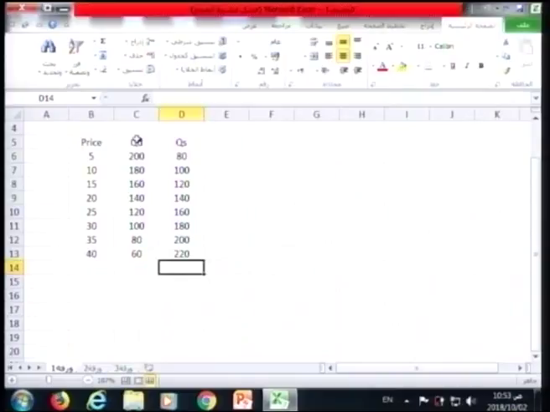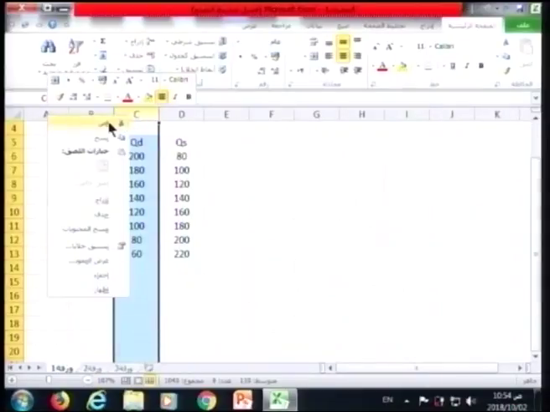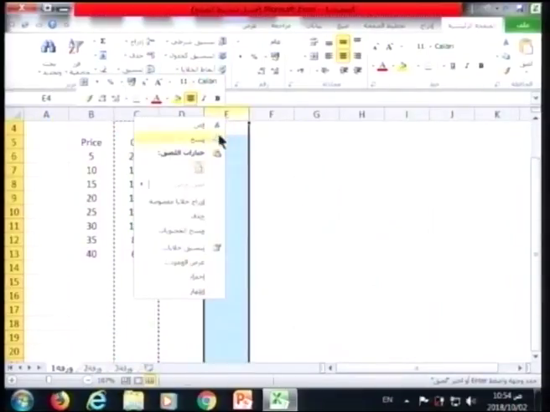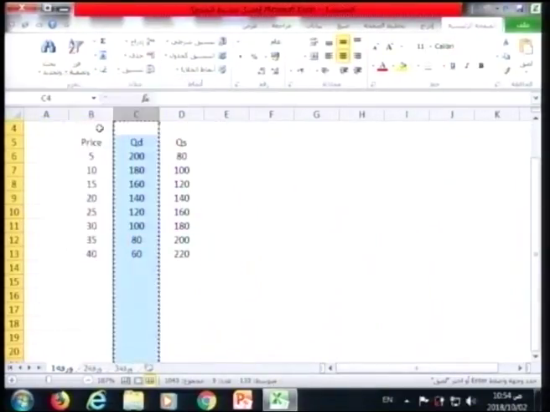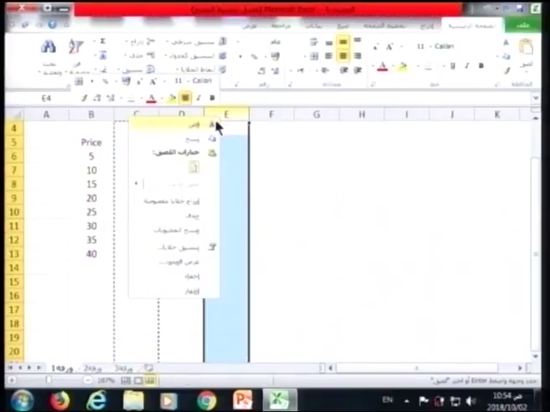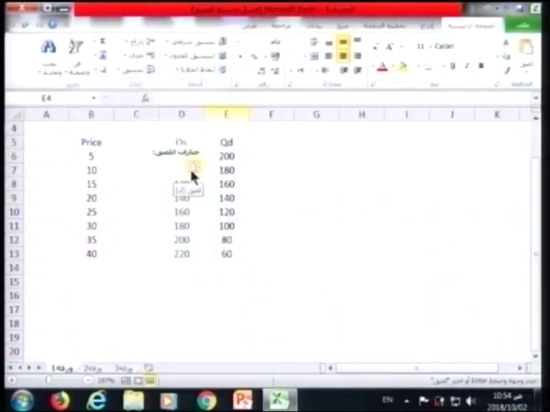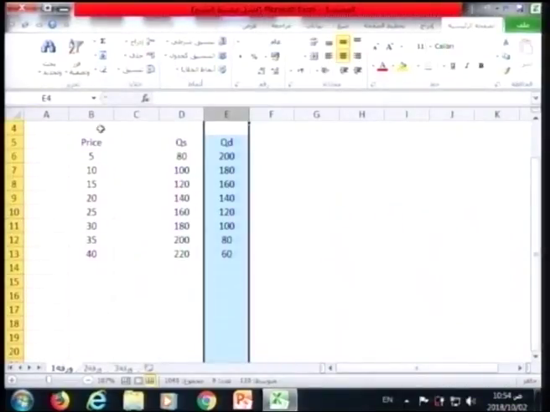Now I'm gonna study the relationship between the prices and the quantity supplied to derive the supply function. Cut, paste, paste.